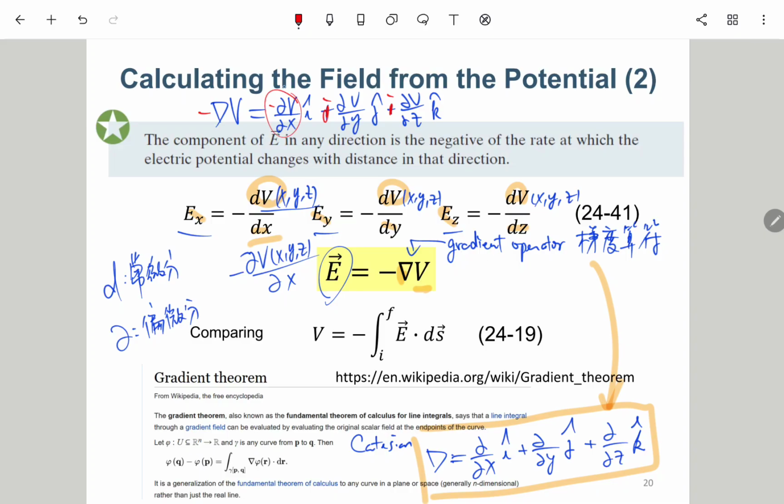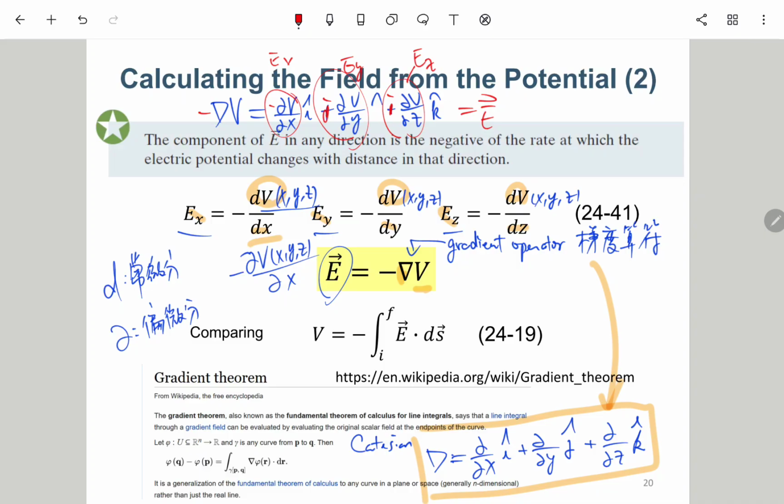So this one is Ex, this one together is Ey, and then this one is Ez.